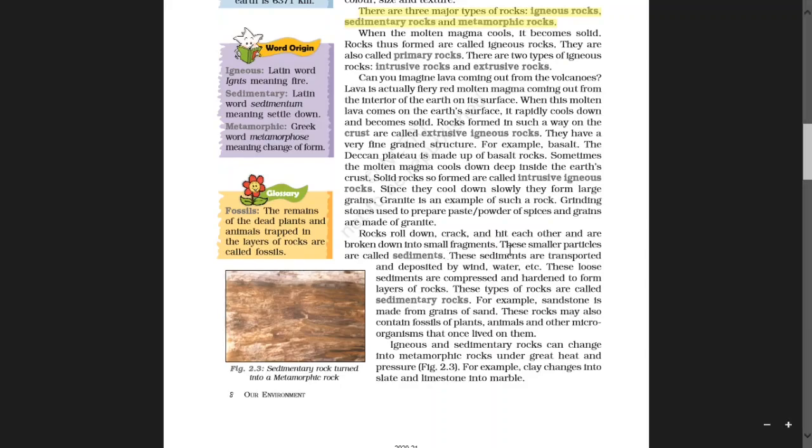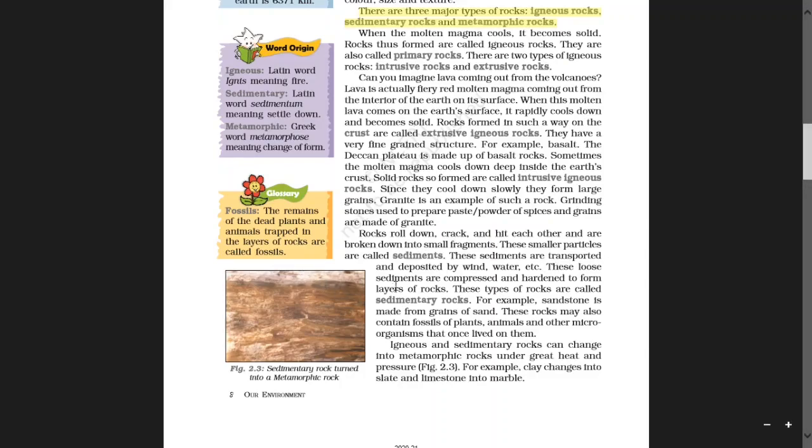These sediments are transported and deposited by wind, water, etc. These agents of gradation transport and deposit them.